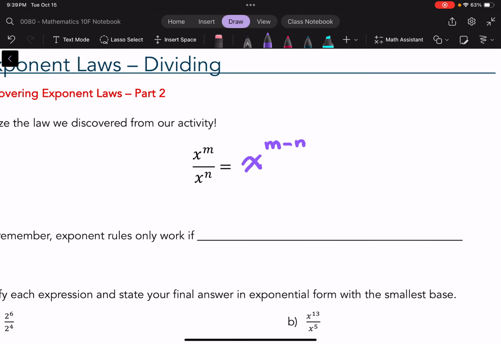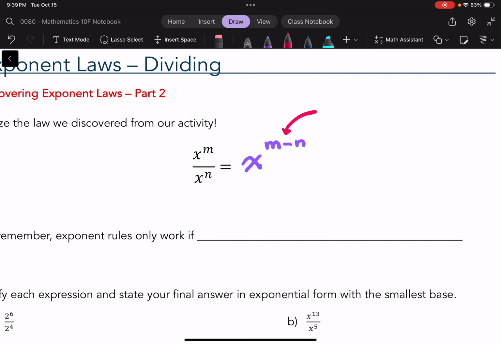So, a couple of things that we want to point out here. This exponent law, this exponent rule is just a shortcut. It's a way for me to simplify a little bit more quickly. But if I ever forget that exponent law, I could always resort back to repeated multiplication to help me get there, right?